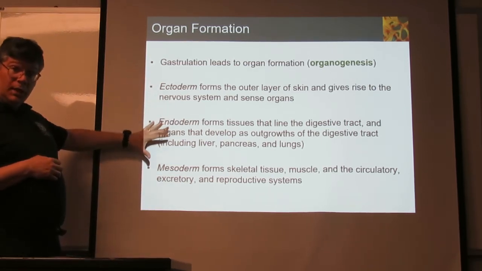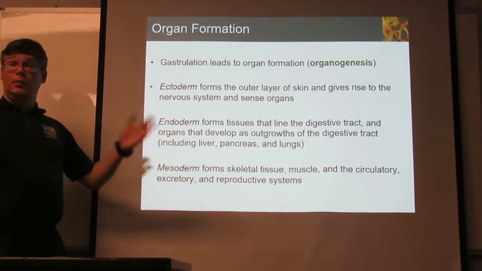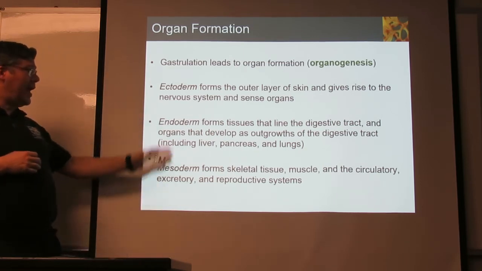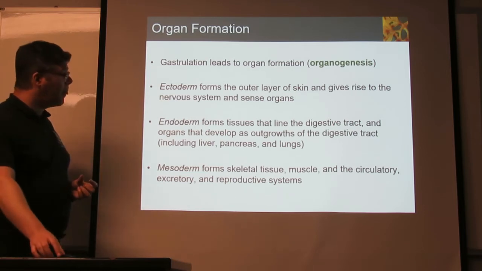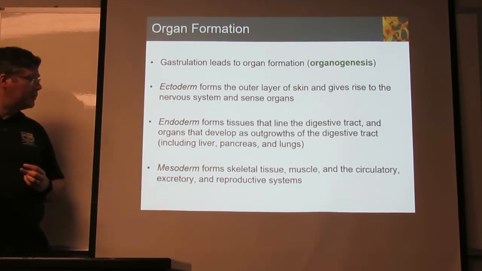Now, again, that's the pattern in vertebrates such as ourselves. Mollusks have their shells on the outside, so it's the ectoderm that is actually producing the shell. Different ones have some differences there.